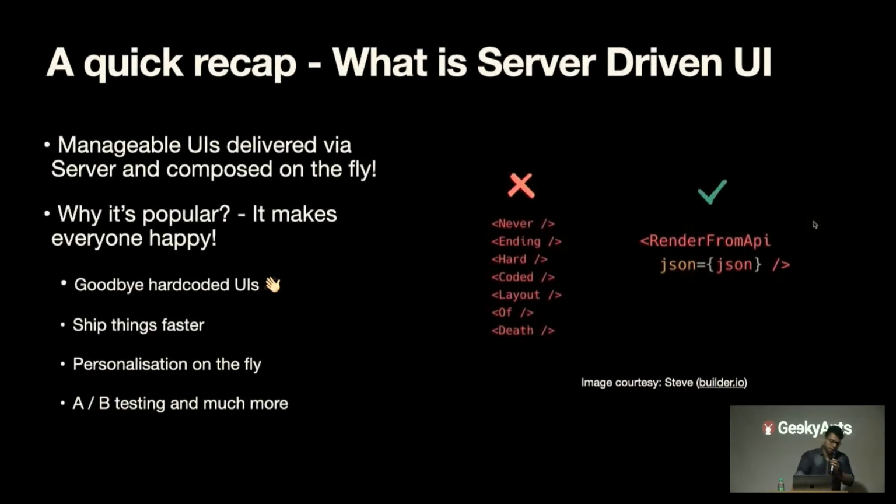I don't expect everyone to know about server driven UI. There's nothing to worry about. I will just be talking about the overall architecture of how server driven UI is different from the conventional way. With server driven UI, unlike conventional UI, you have the capability to change the layout from a server response on the fly.